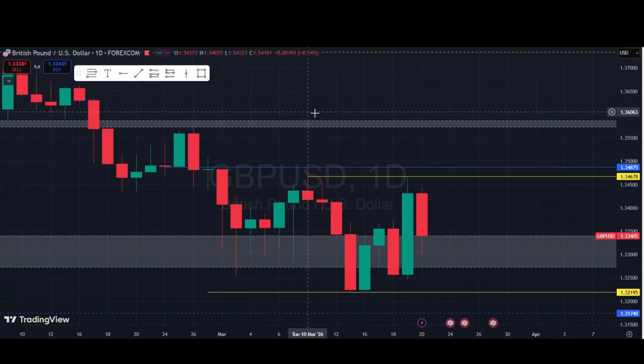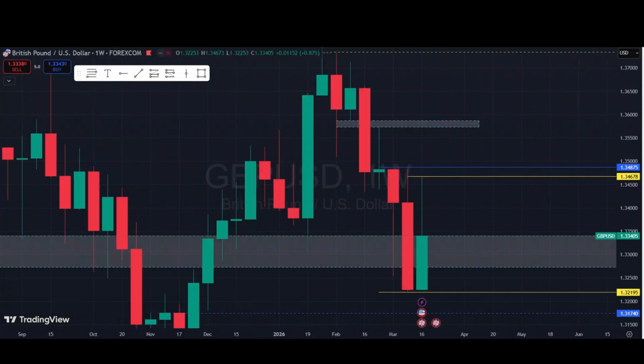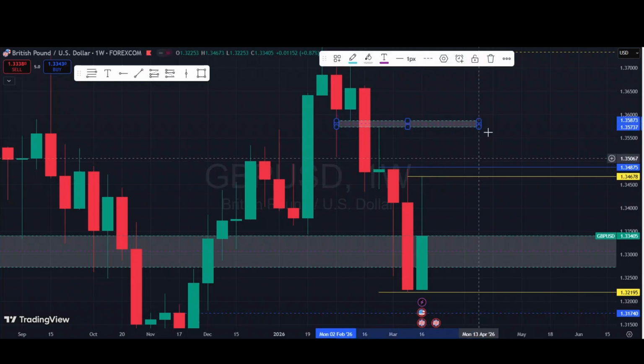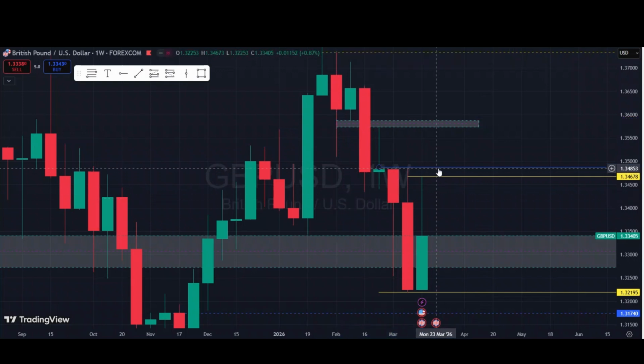And then the next could be this fair value gap, which is a weekly fair value gap, between the 1.3735 and 1.374 levels. Those are the areas we are watching out for draw on liquidity on British Pound USD.